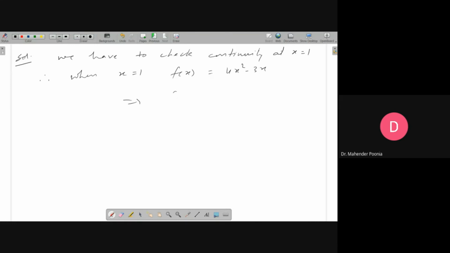This implies f of 1 is equal to 4 into 1 square minus 3 into 1, which is 4 minus 3 is equal to 1. This implies f of 1 is equal to 1. Put it as equation number 1. Now we have to find the left hand limit as well as the right hand limit. Left hand limit: limit x tends to 1 negative f of x.